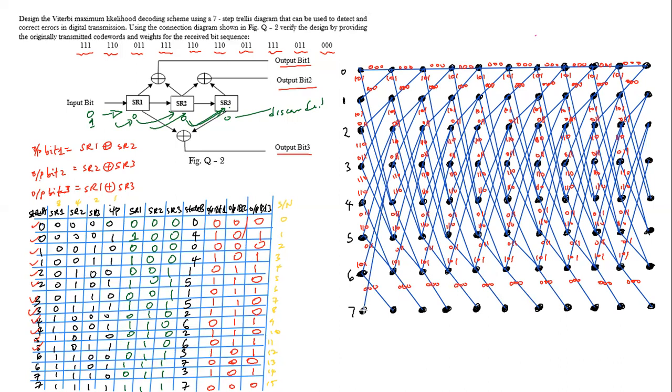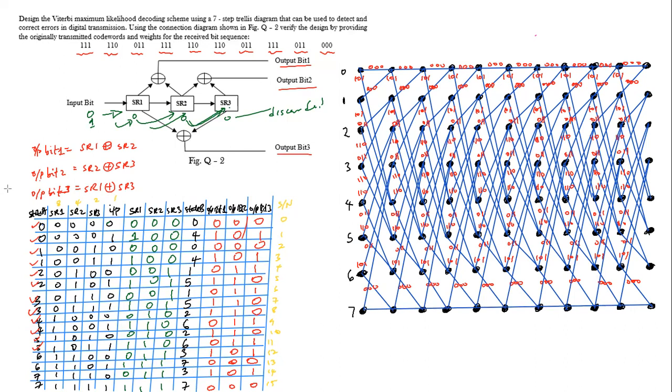So we move from 7 to 3, 7 to 3, and then we move from 7 all the way to 7. That's it.